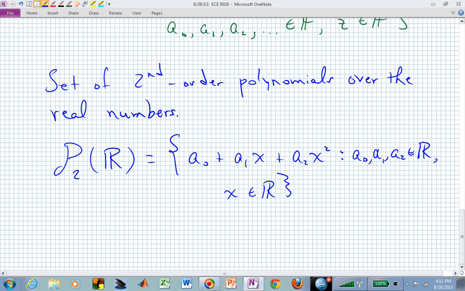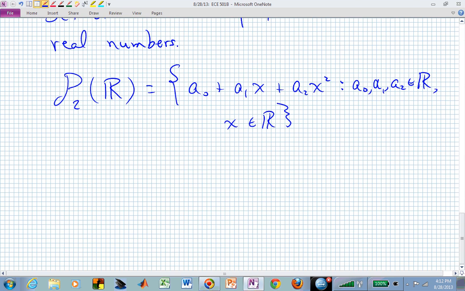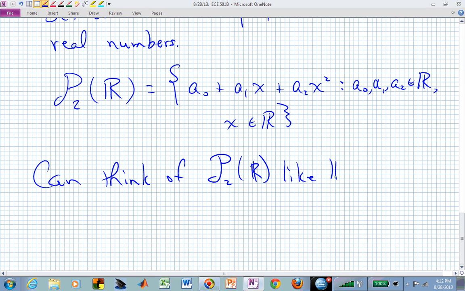And now we can maybe make this connection. Maybe here's this polynomial and you're going, I don't see that as a vector space, or I'm having trouble thinking about these concepts. Well, we can actually relate this set of second-order polynomials as if it were a vector in R3, meaning we can think of P sub 2 of R like R3.